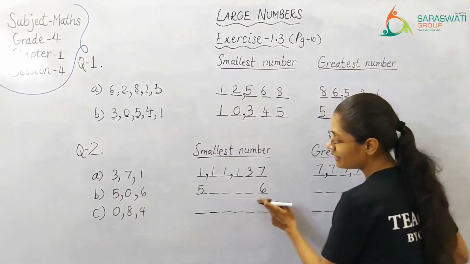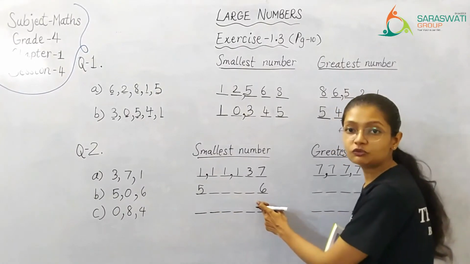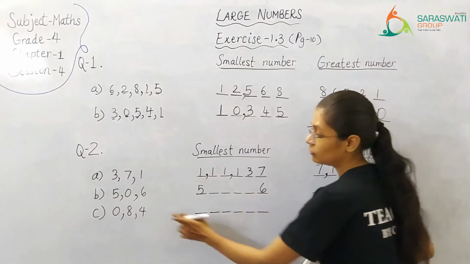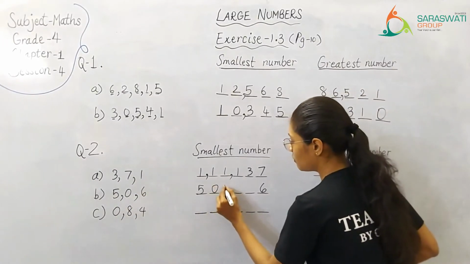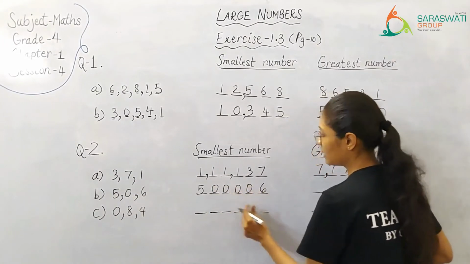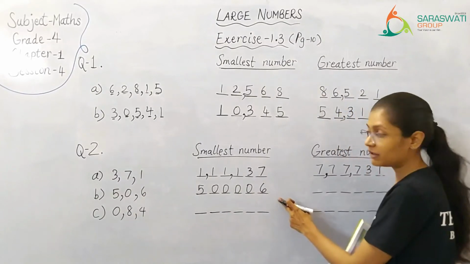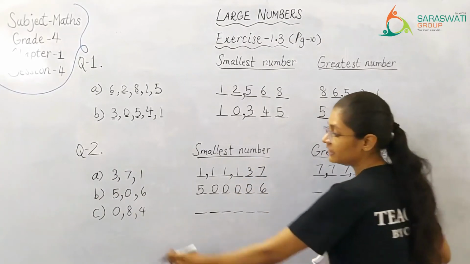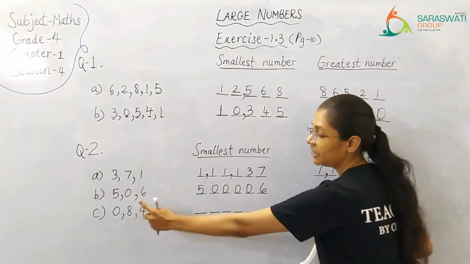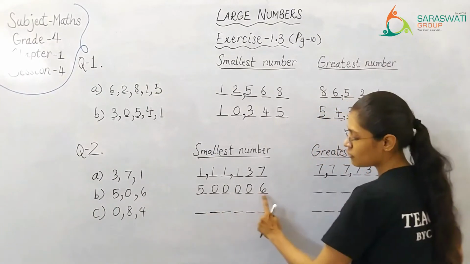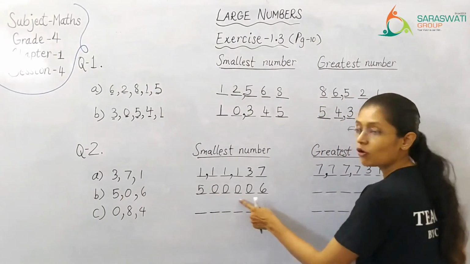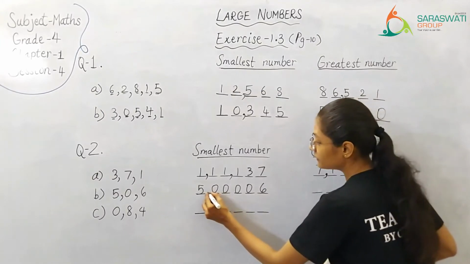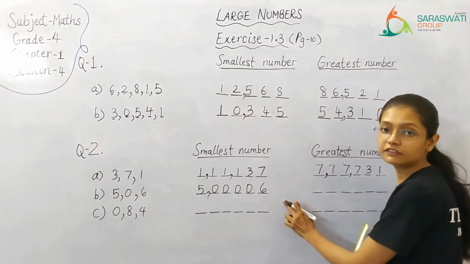And over here in the middle, we will repeat the digit which is having the least value. So 0. We will repeat it over here. So this is the smallest 6-digit number formed using these 3 digits, and each digit is used at least once. And we have repeated 0 over here. And the number is 5,06,000.